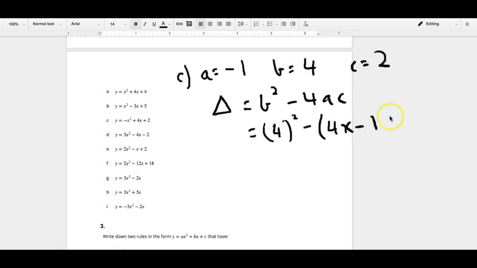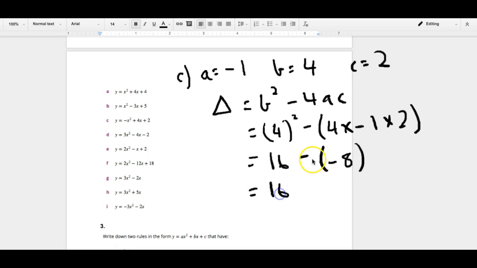Like I explained to my year 7s, they're like big hugs. It's probably why I like them. 4 squared is 16, and we don't want to get mixed up with our negatives. 4 times -1 is -4, times 2 is -8. So effectively we have 16 minus -8, so 16 plus 8, and we get 24. Therefore we have 2 solutions because it's positive.